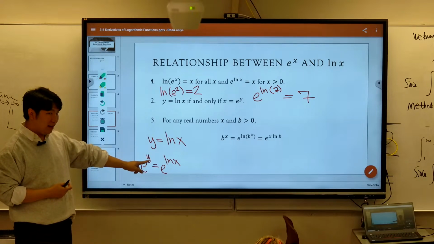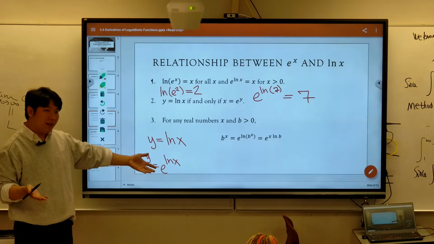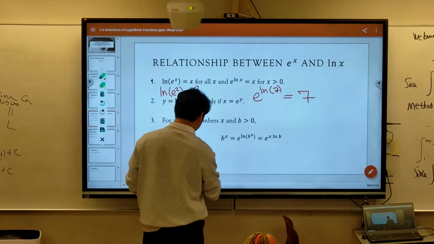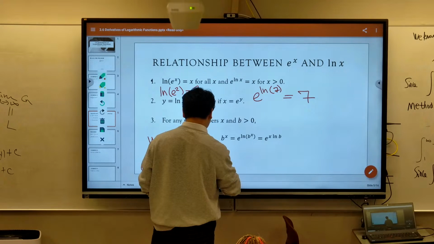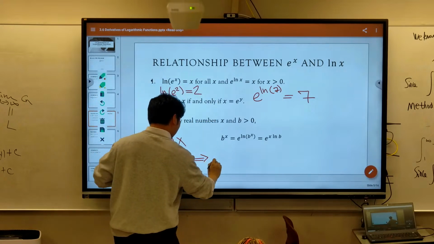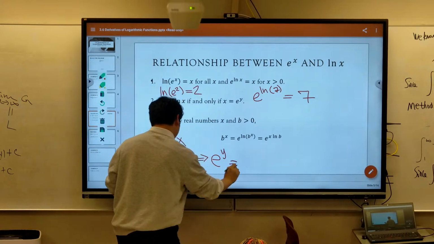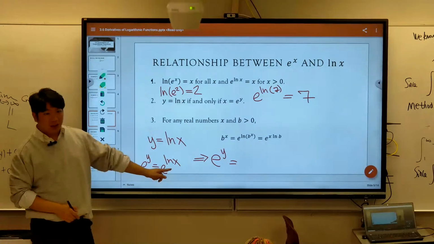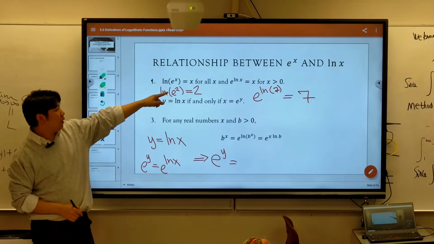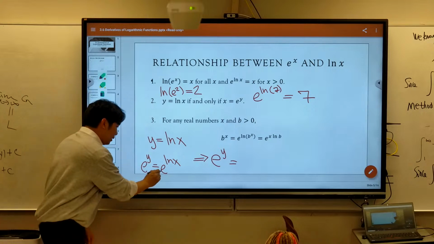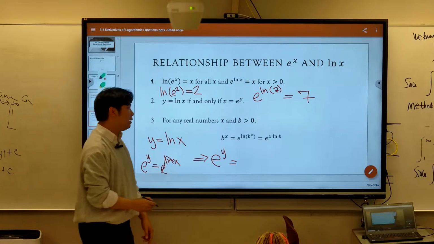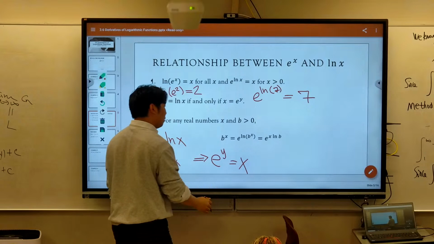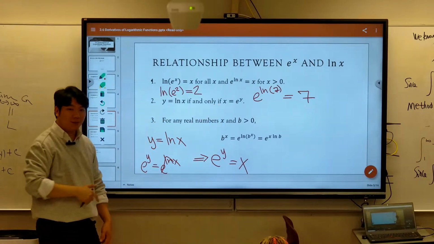Well, e to the y, there's not much we can do there. We have e to the y. But then e to the natural log of x, from the first property, we know that these will actually cancel each other out and leave me with an x, which is what we had over here.